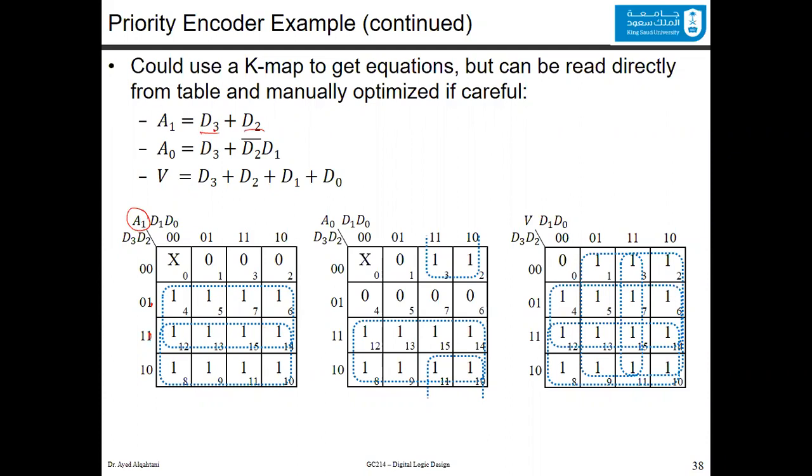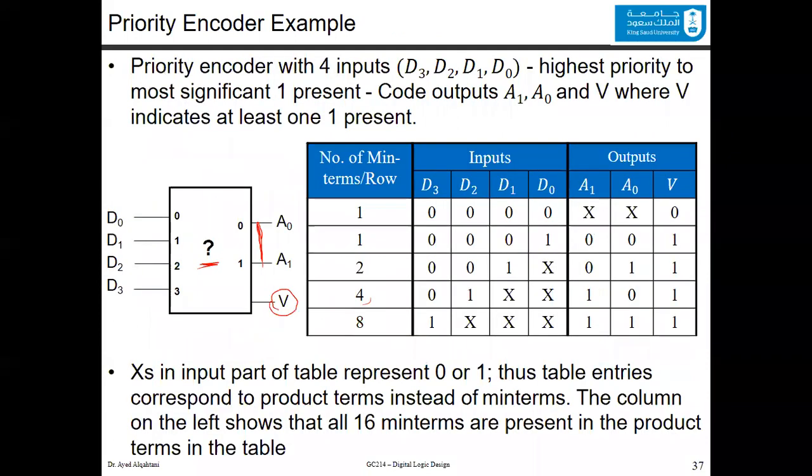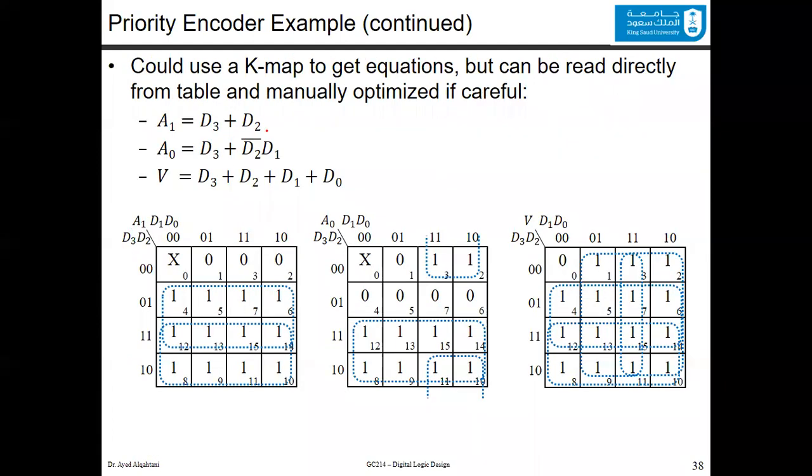You can easily read this from the table. From this table directly, by saying A1 here, it has 1 over here and 1 over here, and this one corresponds to D2, and this one corresponds to D3. D2 and D3. And of course, you could use also the K-map to generate those two functions.